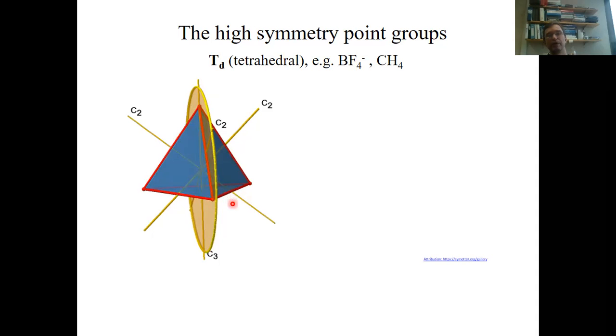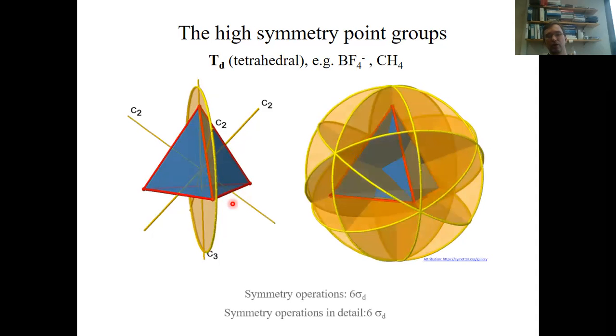So therefore we would expect 6 of these mirror planes, and now you see all of them here on the right side of the slide. What are the symmetry operations associated with this mirror plane? Each mirror plane is associated with 1 symmetry operation, because mirroring 2 times produces the identity. So therefore we have 6 sigma d operations.